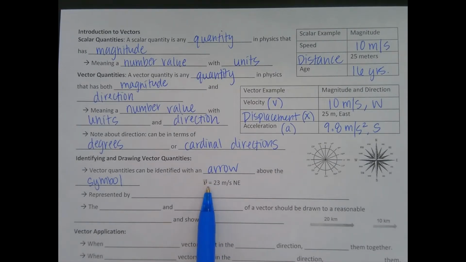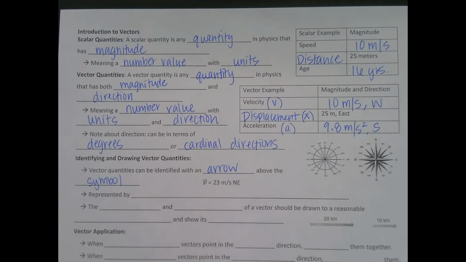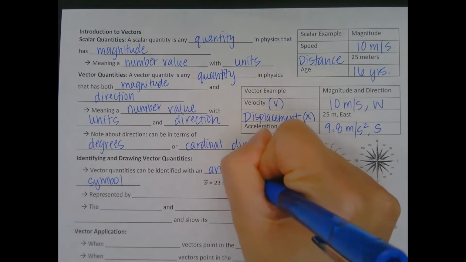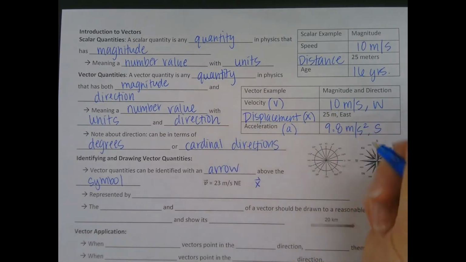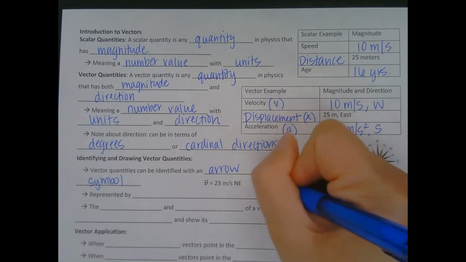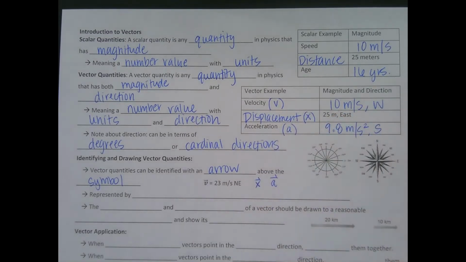That's telling me that this is a vector quantity of velocity. 23 meters per second northeast. So I have a number, a unit, and a direction. Okay, well, if we did displacement, we would have an x with an arrow above it. And you're really going to see like a half arrow a lot. So that would be like a displacement or acceleration. Same thing, an a with an arrow.